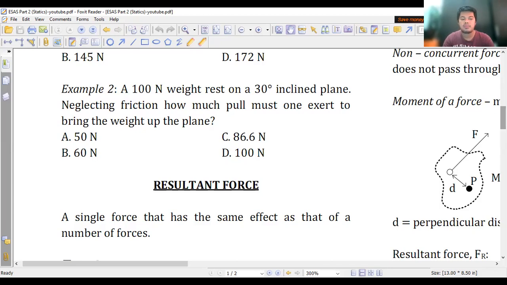In this problem, it's almost similar to example number 1, but we are asked to calculate the force needed to be exerted to bring the weight up the plane.